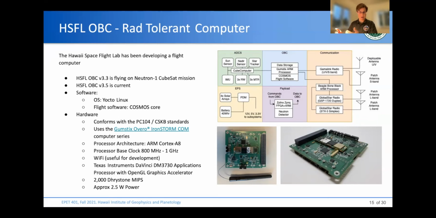This is how you can compare computers quite reasonably well. And it uses about 2.5 watts of power. So it's not insignificant, but it's also not extremely high for CubeSats. Typical CubeSats nowadays use between 1 and 3 watts of computer power.